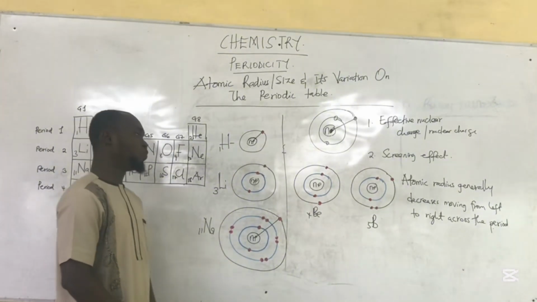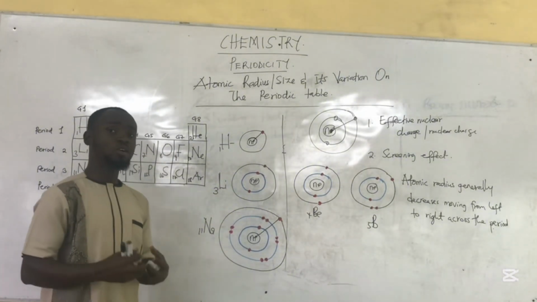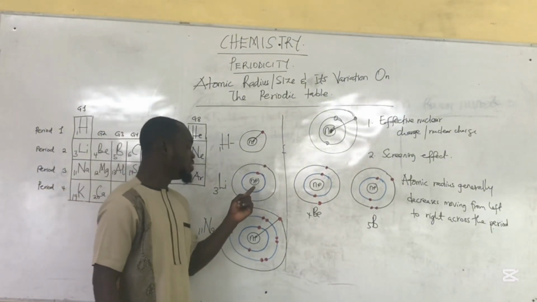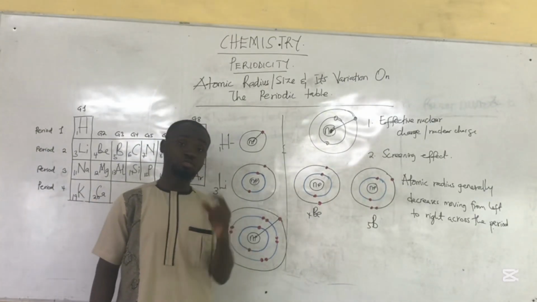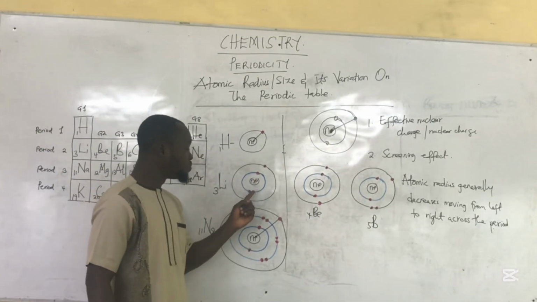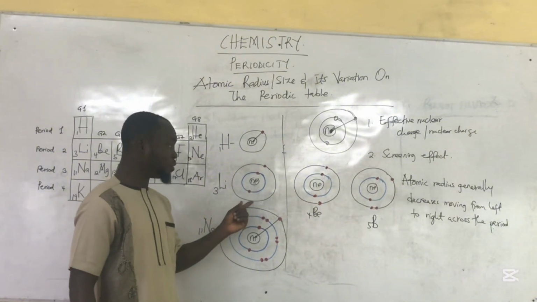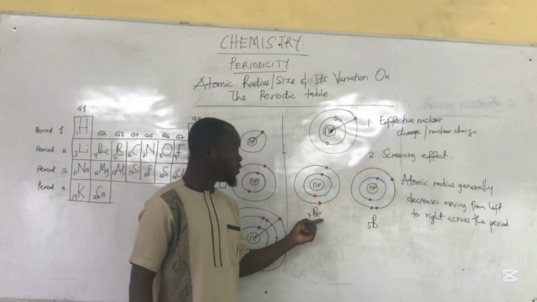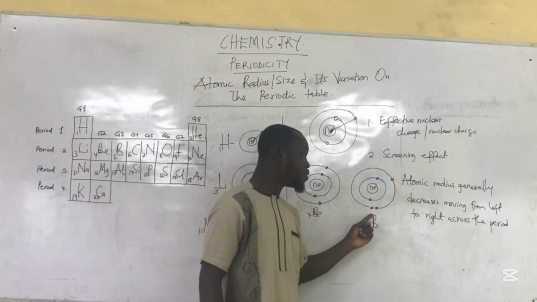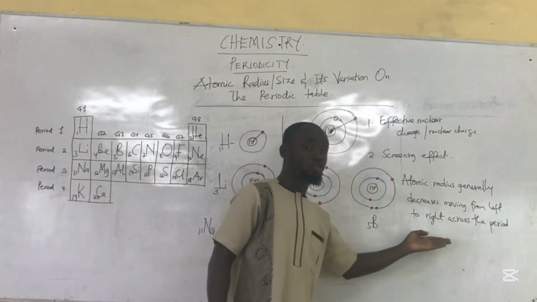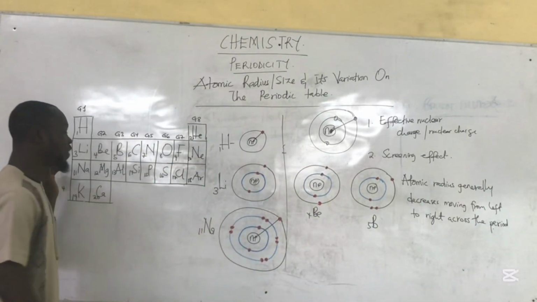Now, what also can we observe? We can also observe that they all have the same number of inner shell or core electrons. So we have 2 core electrons in lithium. When we get to beryllium, we still have 2 inner shell electrons. Same applies to boron. It's the same across the period 2 elements.